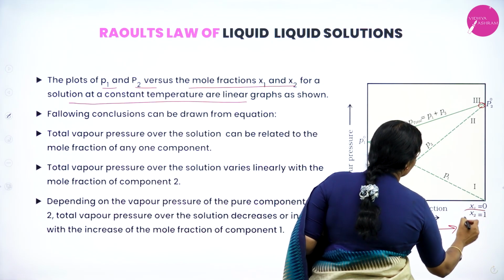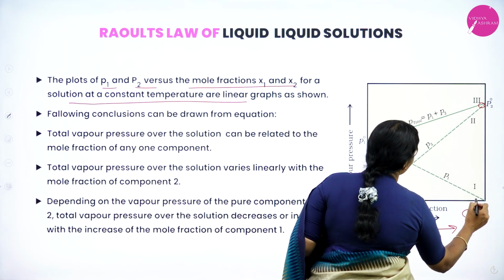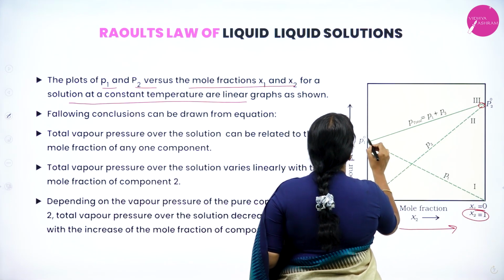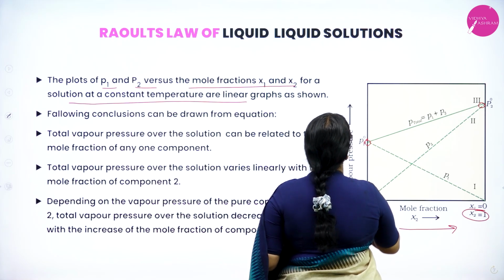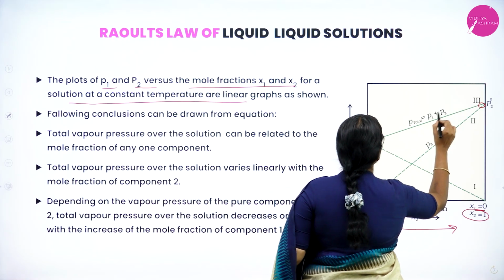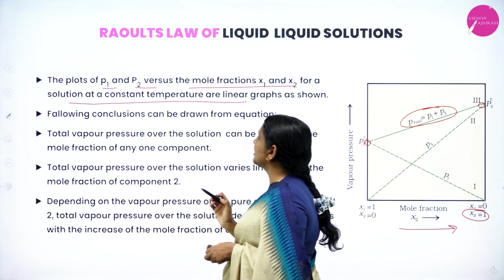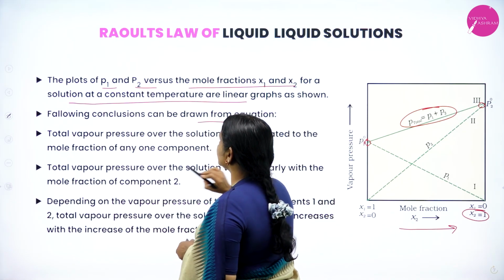Similarly, when X2 is 1, X1 starts from 0, and the y-intercept is P1 naught. The top line is called P total, P1 plus P2.